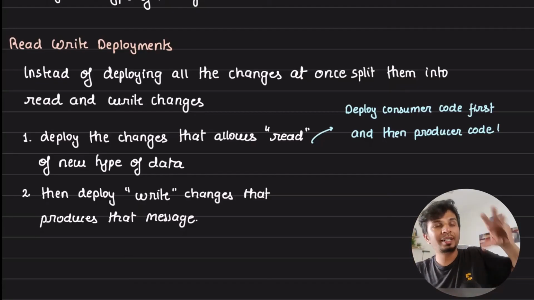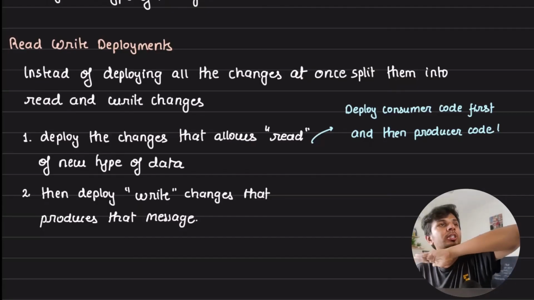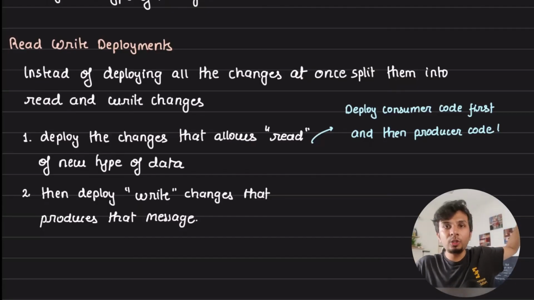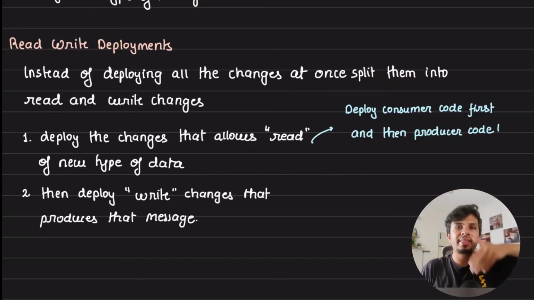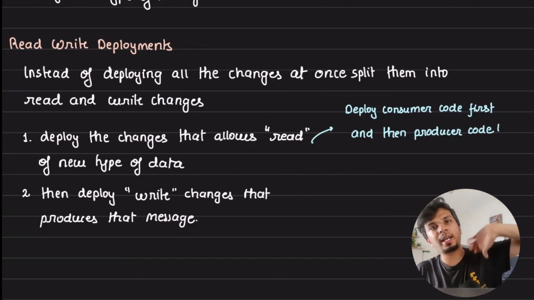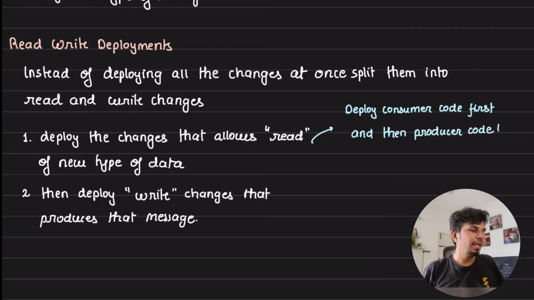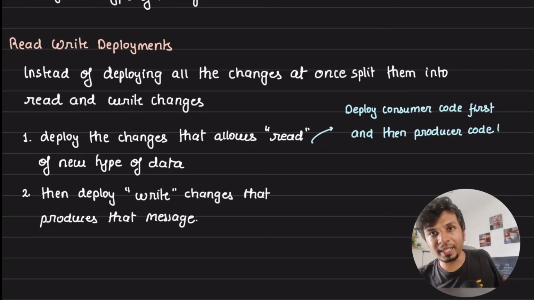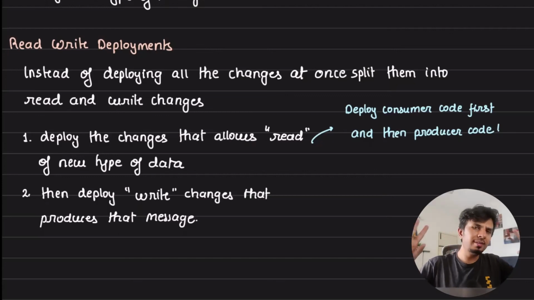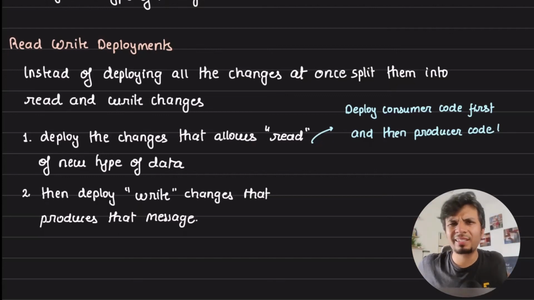They do the read deployment first and ensure that all machines are capable of handling the new type of data, as in the broker example I gave, and then the writers are pushed as a second deployment. This way, even though they do not have backward compatibility, you don't face any issues, outages, or concerns at all.